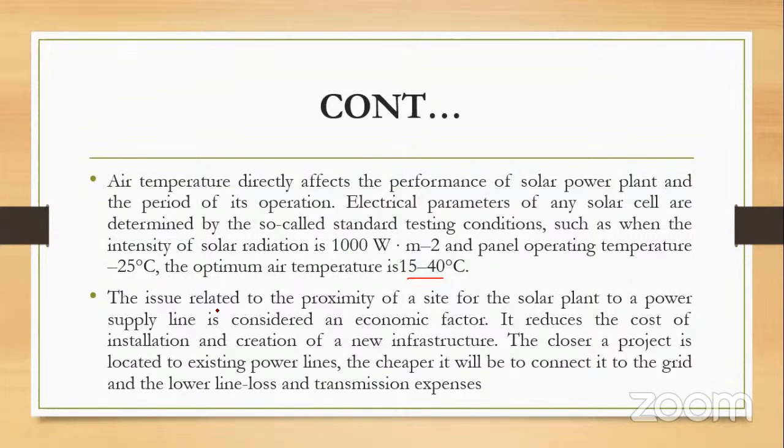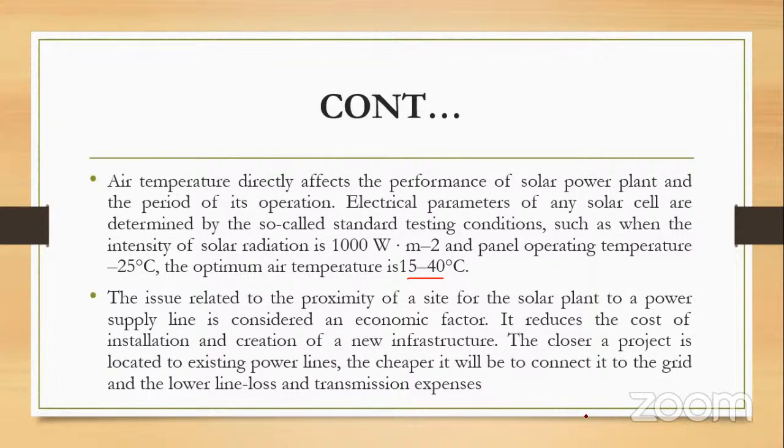Yes, sir. The issue related to the proximity of a site for the solar plant to a power supply line is considered an economic factor. It reduces the cost of installation and creation of a new infrastructure.